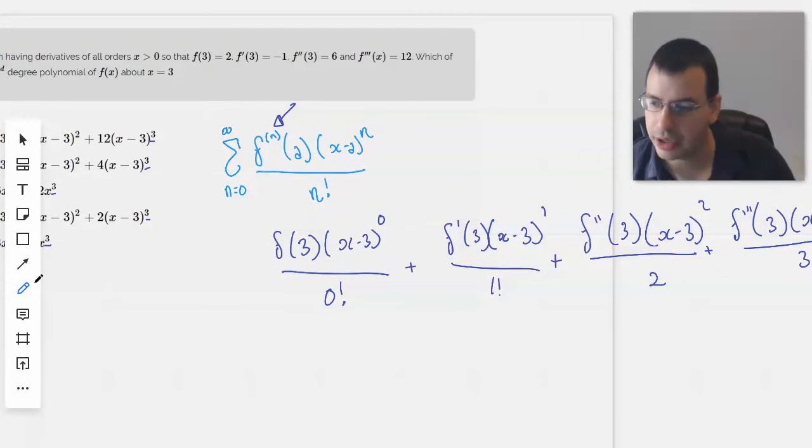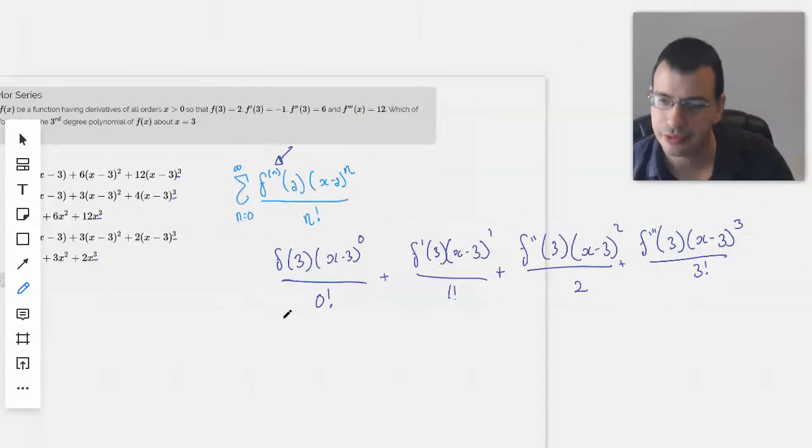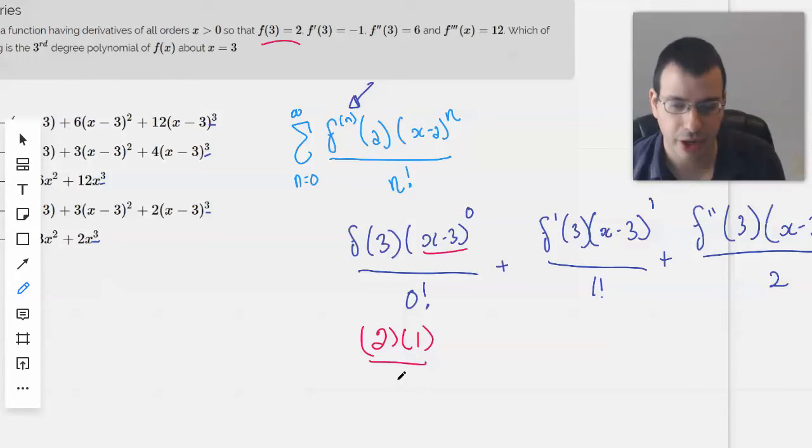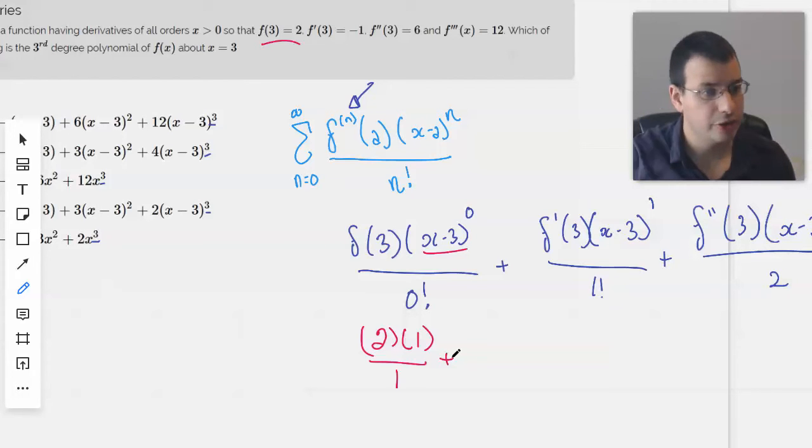So now I'm just going to start plugging in numbers. Hopefully it'll take up less room. f of 3 is 2. x minus 3 to the 0 is 1, because anything to the 0th power is 1. 0 factorial is 1, by convention.